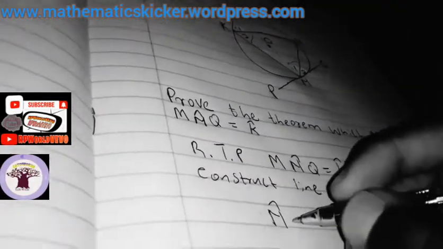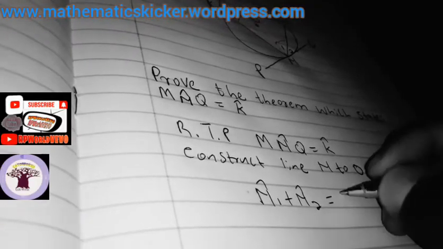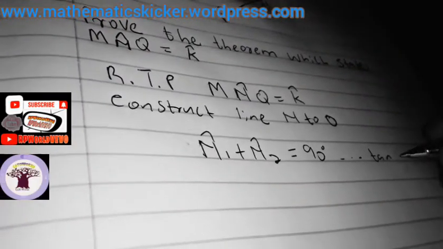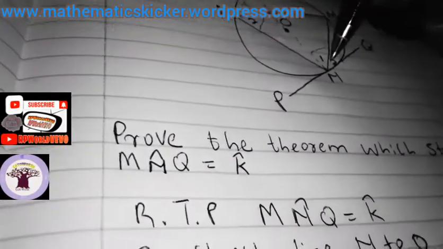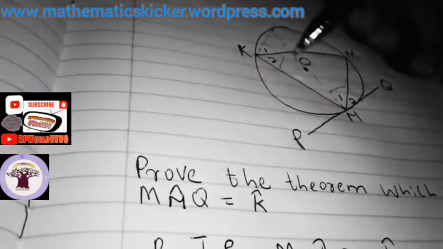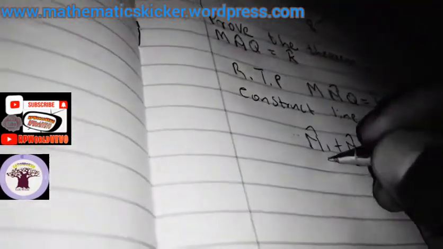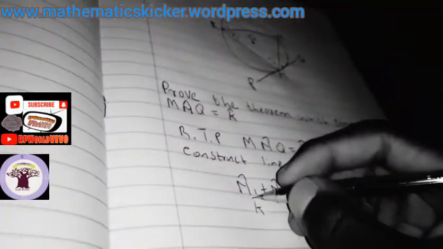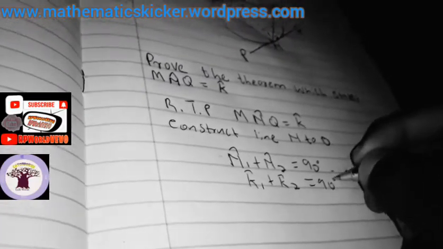So angle N1 plus angle N2 equals 90 degrees. The reason is tan-radius, tangent perpendicular to a radius. And again, you have your diameter here, and this diameter subtends an angle of 90 degrees. It means that angle K1 plus angle K2 equals 90 degrees.